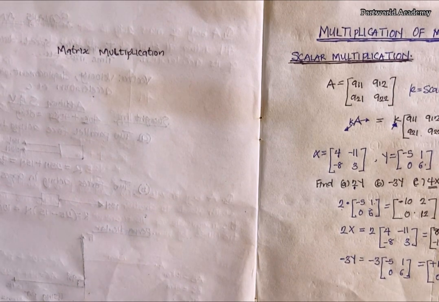And don't forget that whenever we are asked to perform any arithmetic operation on matrices, both the matrices must be in the same order. That is, they must have the same orientation. What I mean by orientation is that they must have the same row and also the same column.